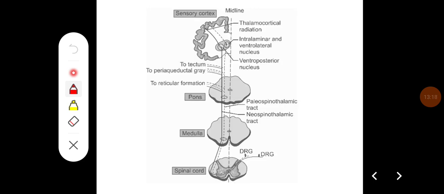This is a diagram showing the pain pathways, the paleospinothalamic tract and the neospinothalamic tract. In both tracts, the first order neuron fibers cross the dorsal root ganglion and cross at the same spinal segment to the opposite spinal cord in the anterior commissure.